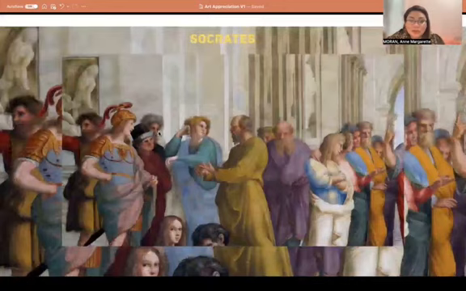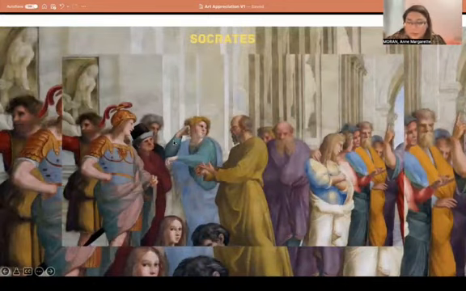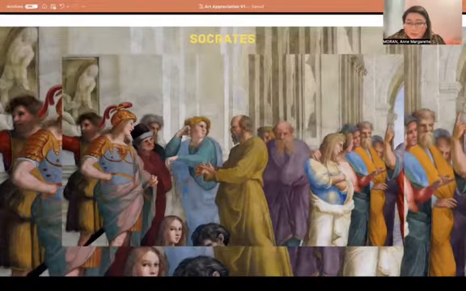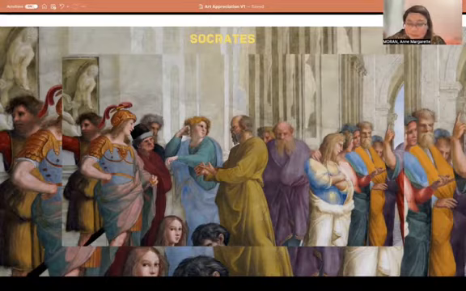So this is actually a trial, and then this one is another painting of Raphael, and this is what we call the Stanza della Segnatura paintings, the School of Athens after Raphael's painting.